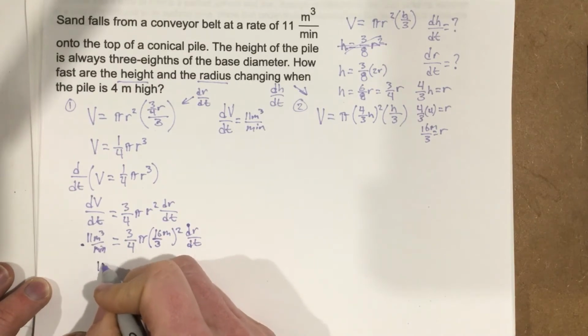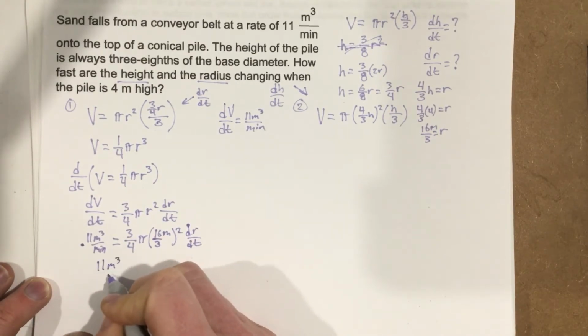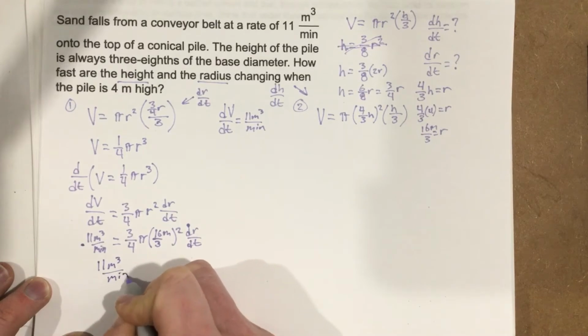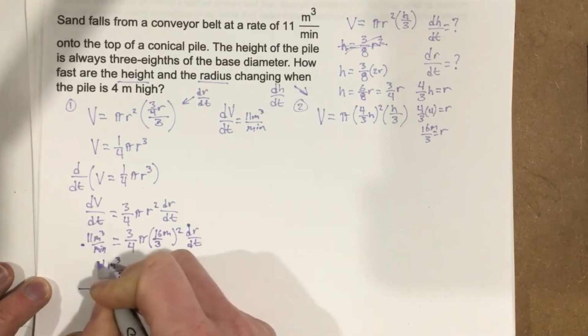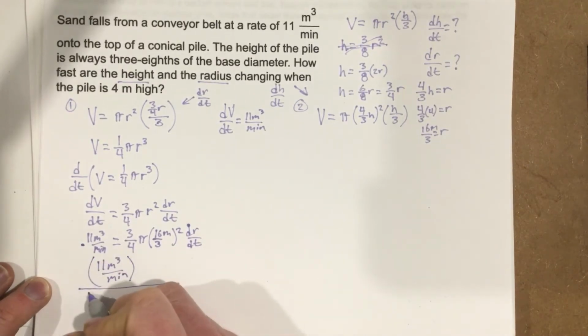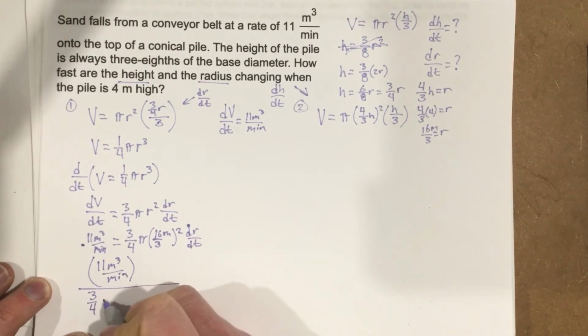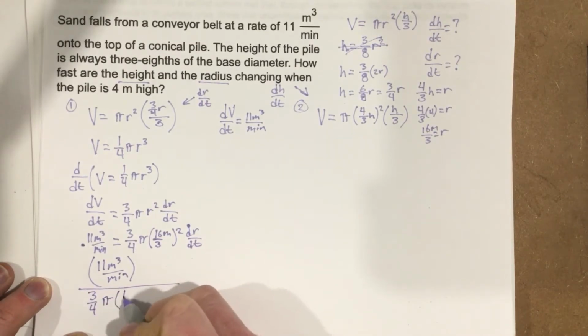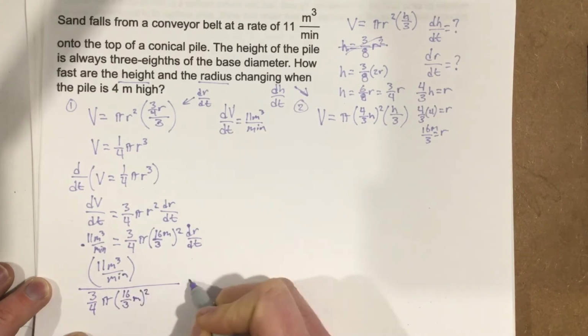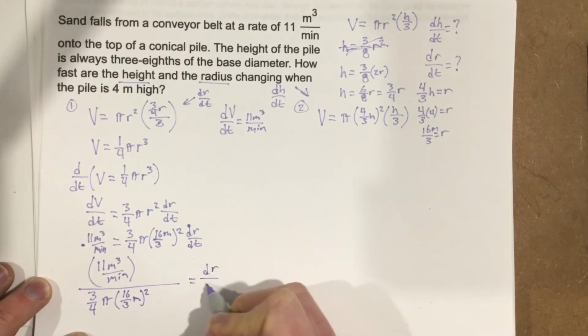So we have 11 meters cubed per minute, all divided by 3 over 4 pi times 16 over 3 meters squared. That's what dr over dt is.